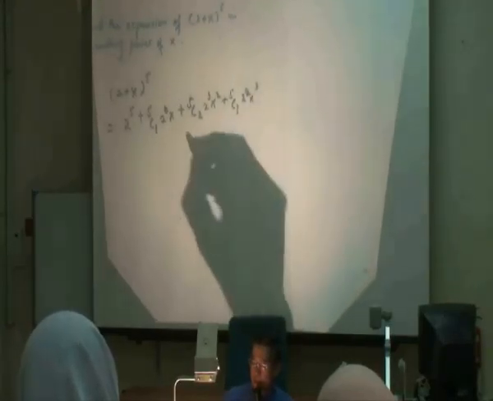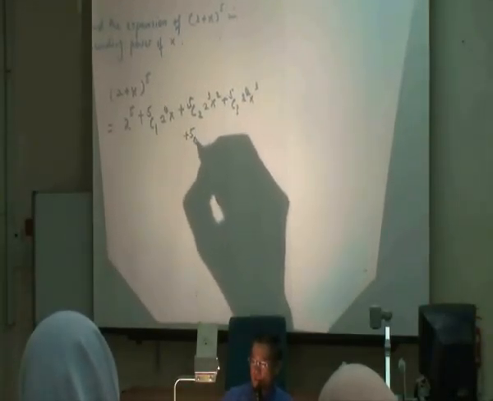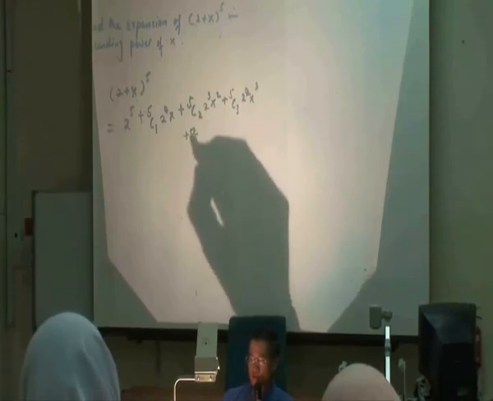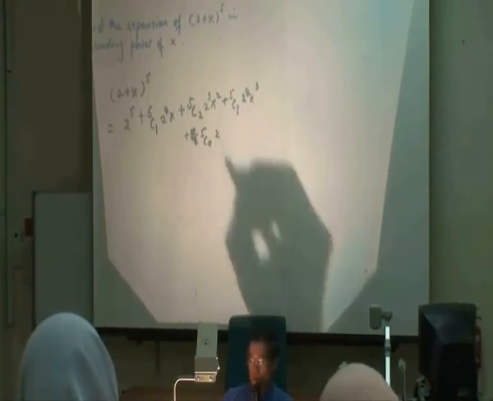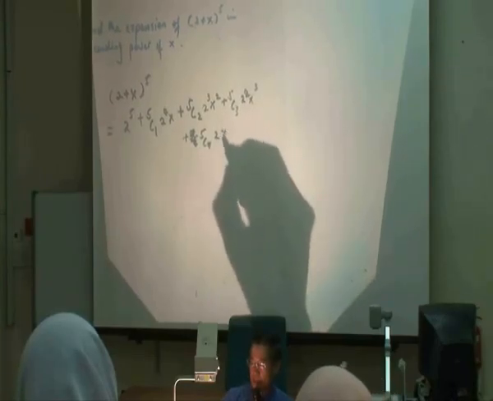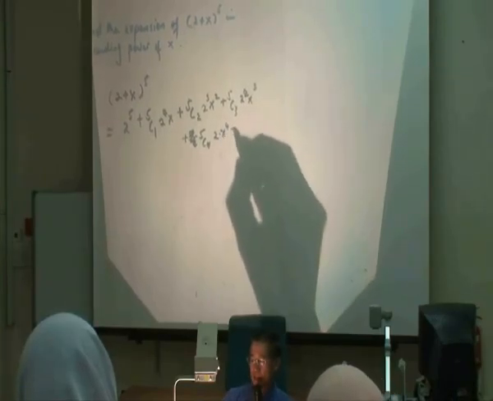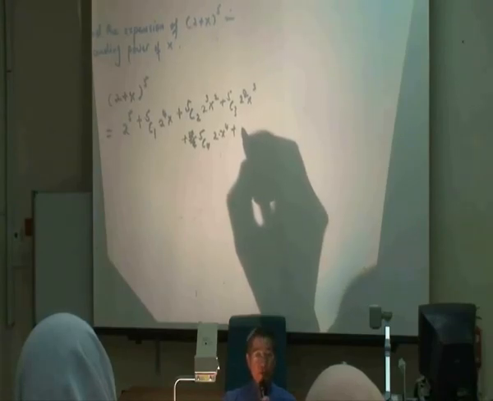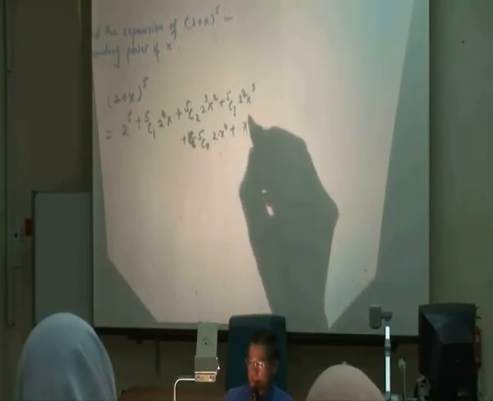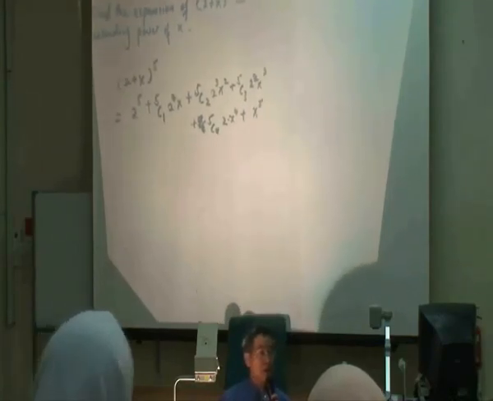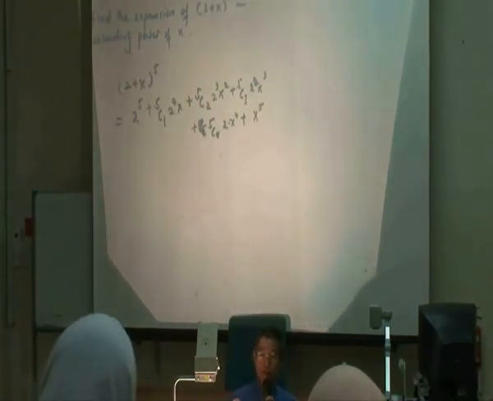Then add 5C4, 2 to the power 1, then x to the power 4. Then end with 5C5, which is again 1, then x to the power of 5, alright? So you notice it's very much faster and easier to write down all the terms by using the binomial theorem, right?